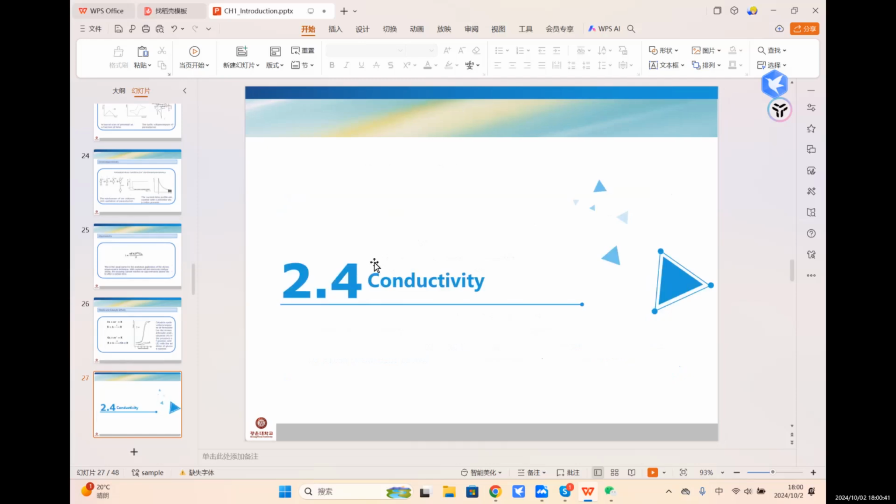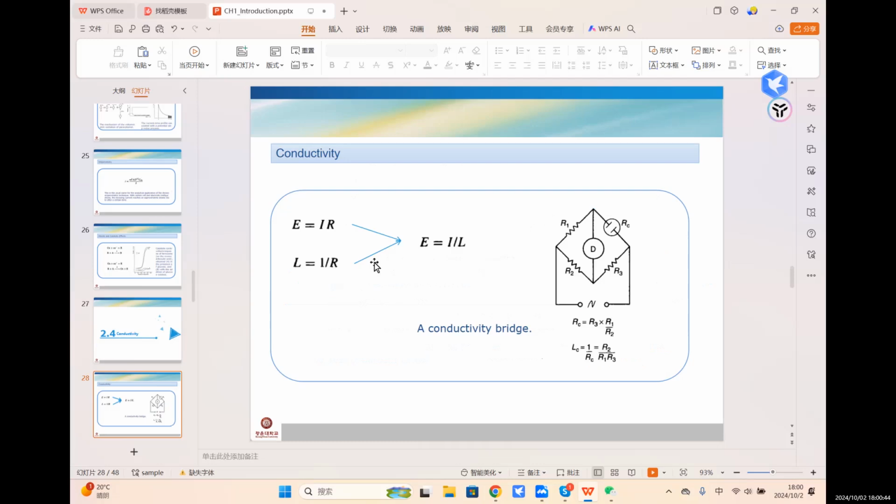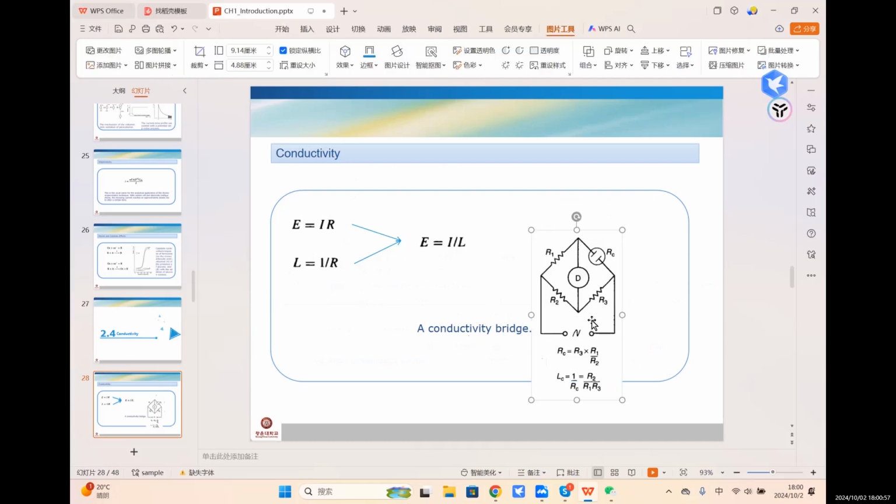So conductivity. We can infer the two equations to the final equation, and a conductivity bridge, as you can see in this image.